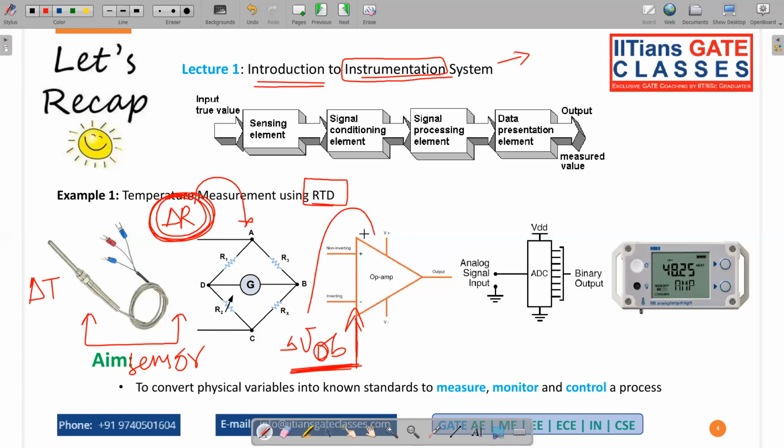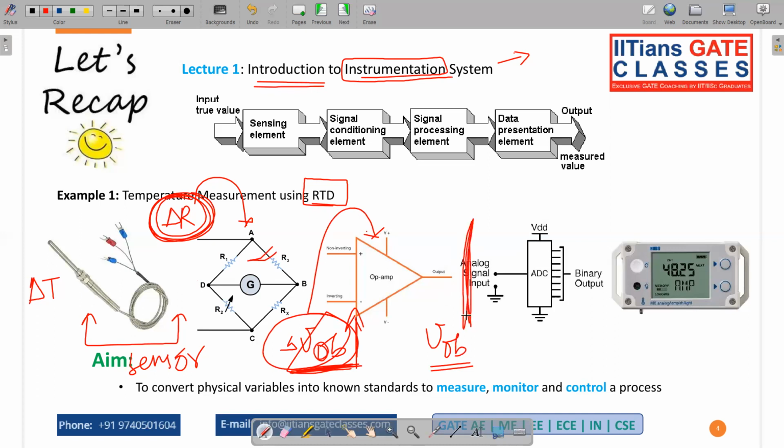So we used the op-amp as the signal conditioning circuit. This is also a signal conditioning circuit, but this op-amp we used to amplify the strength of this output voltage, right? With the op-amp, we amplified this output voltage and got a voltage which is good in strength to be processed. So no further signal conditioning is needed.